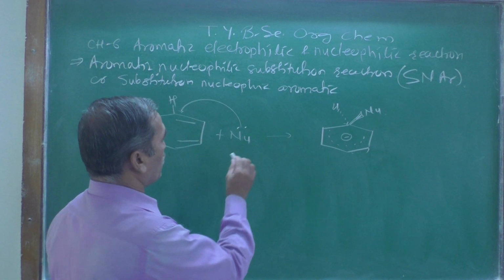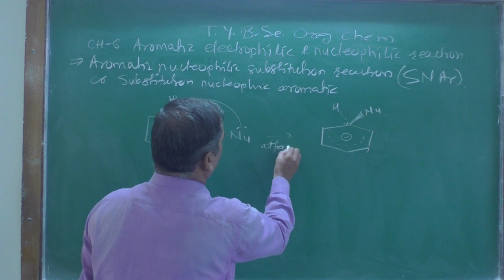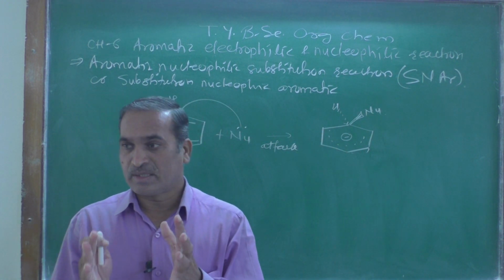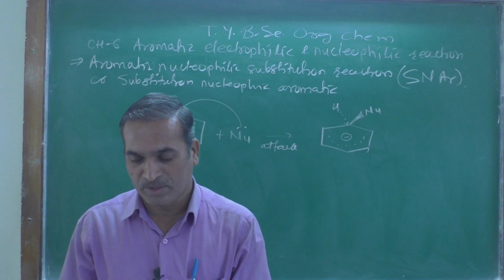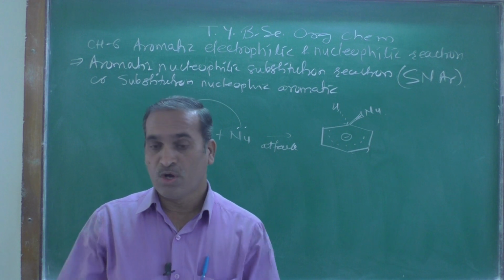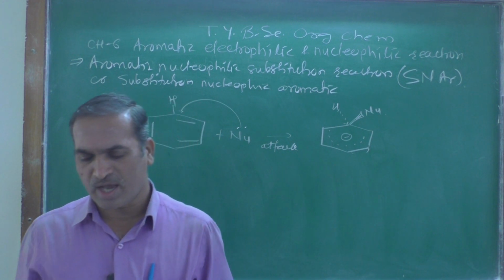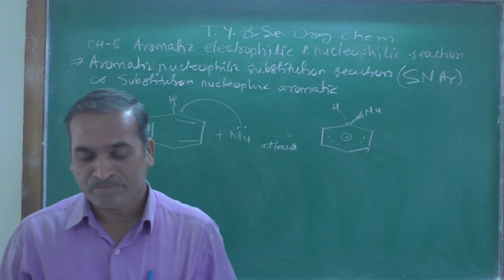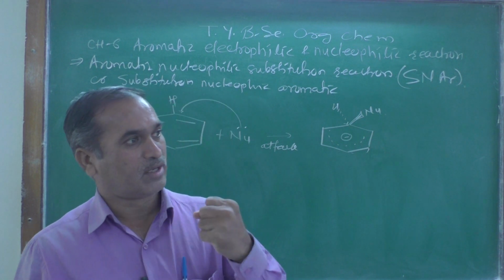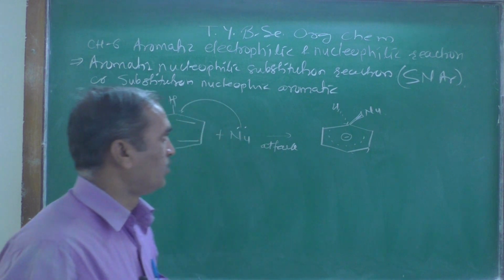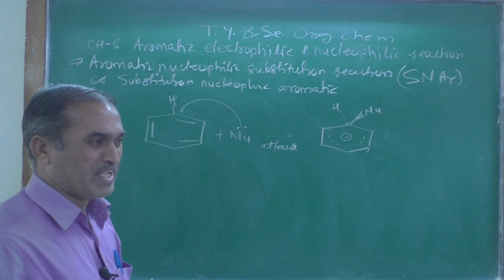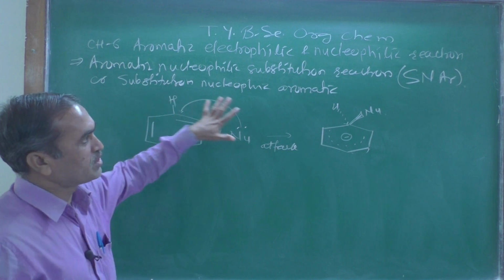Such an intermediate is not possible in ordinary conditions, and therefore nucleophilic substitution reactions are highly difficult, or impossible, to carry out on a simple benzene nucleus.